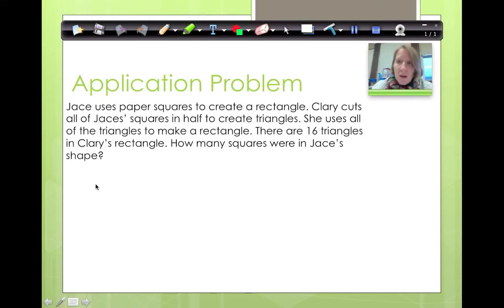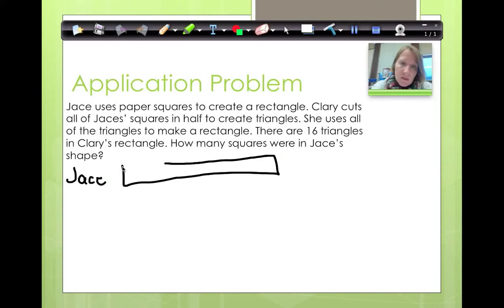Well, let's first draw a picture. So this is Jace's shape. We know he's got kind of a tilted rectangle. There's his rectangle, but we don't know how many squares are in there. He's just lined up all of his squares. We don't know how many he has.